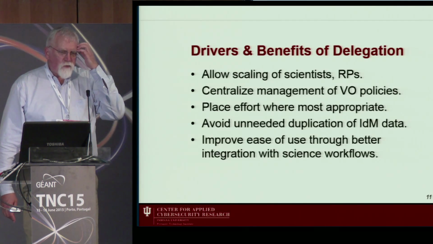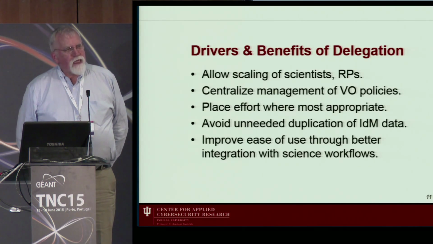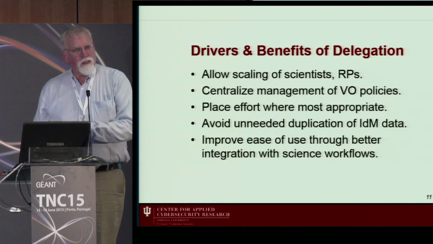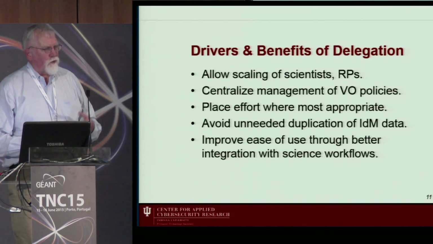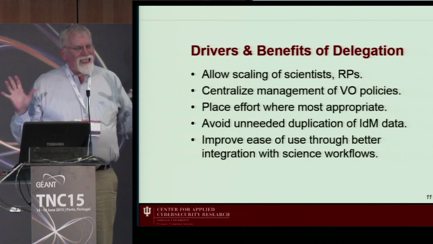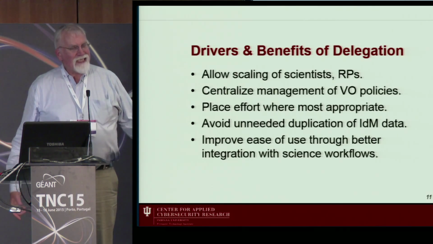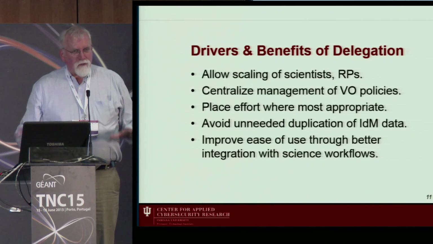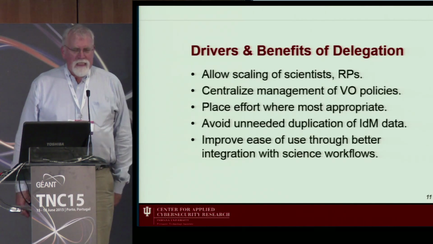So what we found was that as we talked to people about the direction they were going, there was more and more of a tendency for the resource providers to say, hey, we've got to get out of this business of identity management. We've got to lower the cost because the cost of dealing with all of these users is just too great.